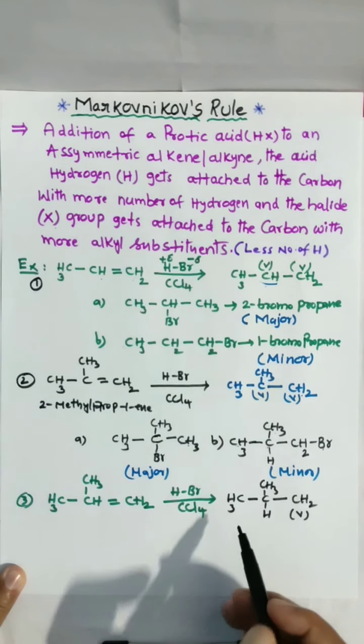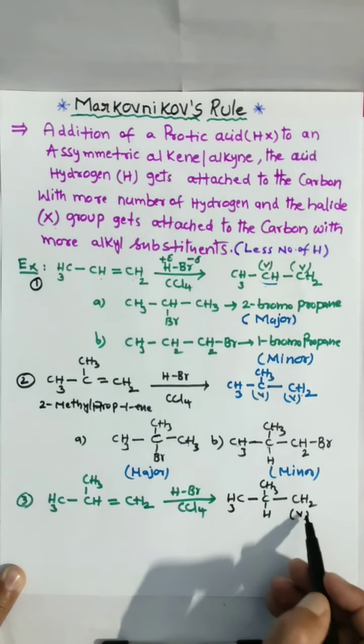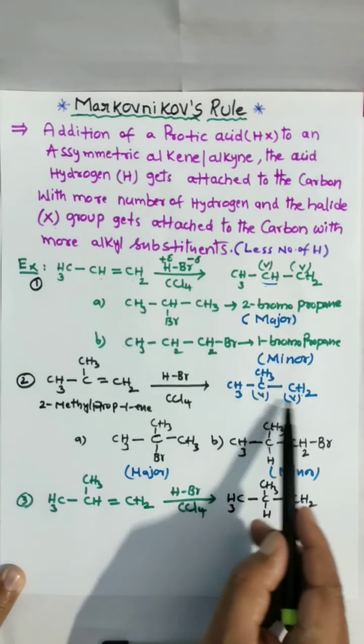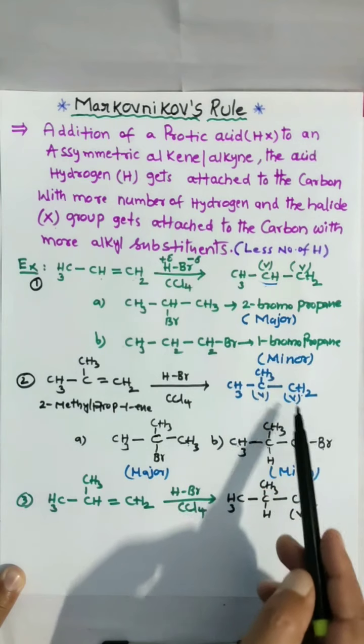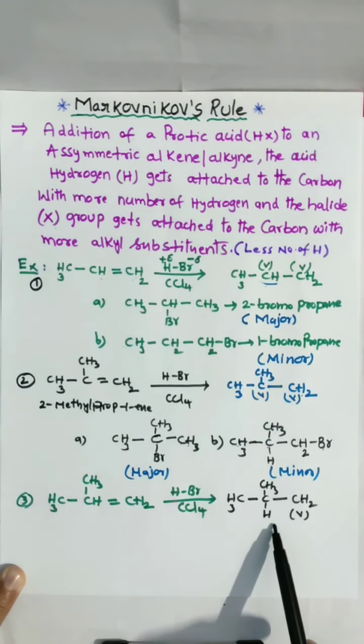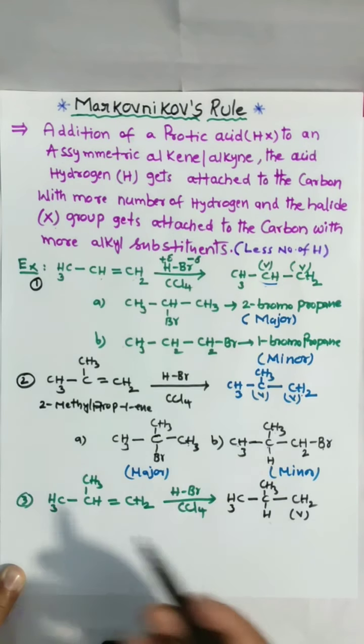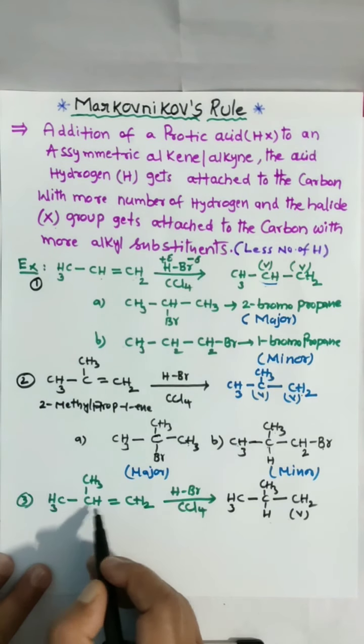Clear? 1, 2, 3, 4. Only one vacancy. Previously we were always getting two vacancies. That's why both can attach. But now here we don't have vacancy. That's why we have to create the vacancy here.